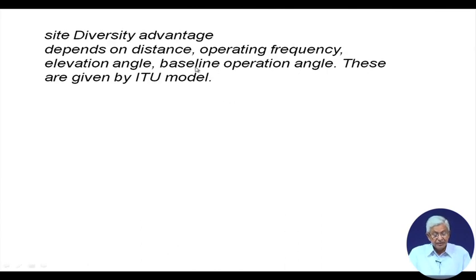This site diversity advantage depends on distance, in this case 10 km, operating frequency, elevation angle, and baseline orientation angle. These are given by the ITU model, and each of them gives a different gain, and these have to be multiplied together to get the total advantage.